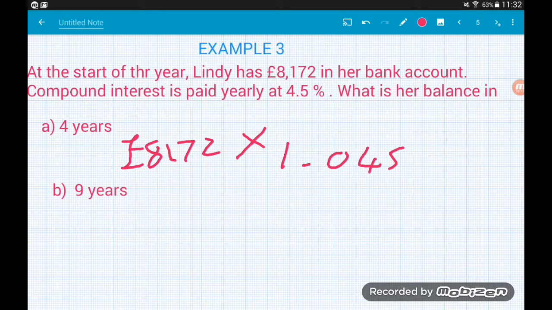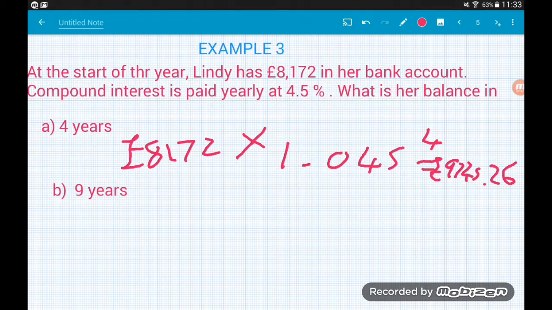We want to know the balance after 4 years, so we stick the multiplier to a power of 4 like that. Now smash that into your calculators and make sure that you get £9,745.26.